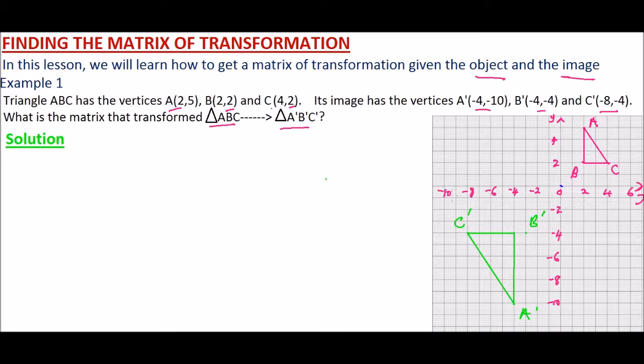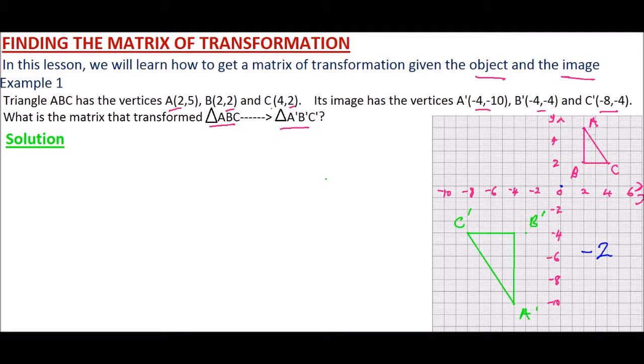So the enlargement scale factor is minus 2. Minus, meaning that the triangle has been enlarged on the opposite side of the center of enlargement, which is the origin.